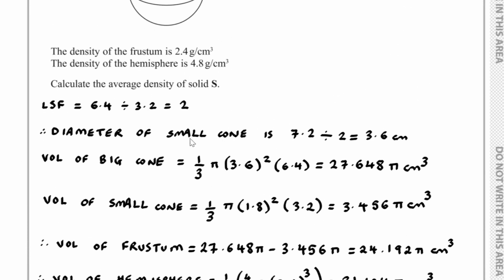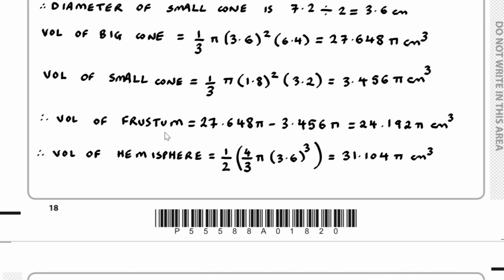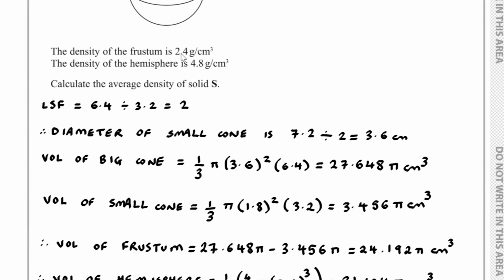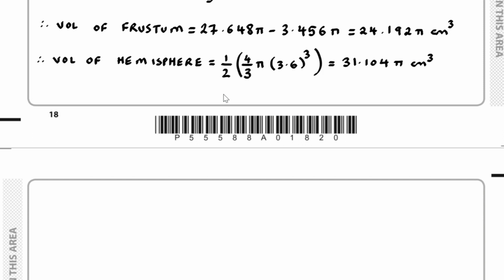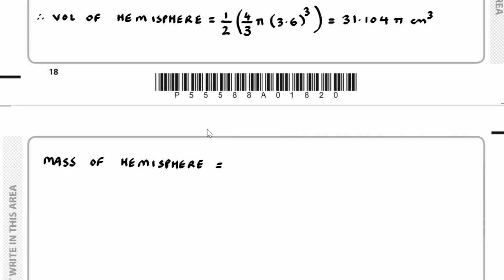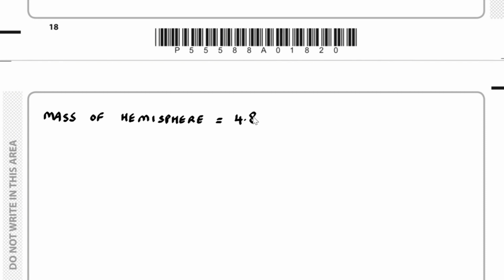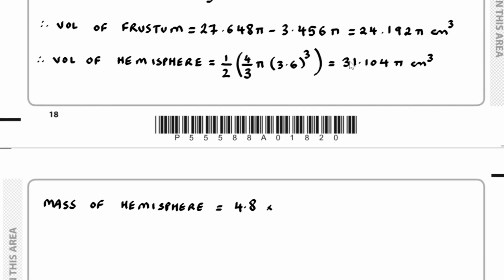So I've got the density given of the frustum and the hemisphere, so now I can multiply the volume by the densities to find out the mass. So the mass of the hemisphere, I've got the density, which is 4.8, and I multiply this by the volume, 31.104 pi.